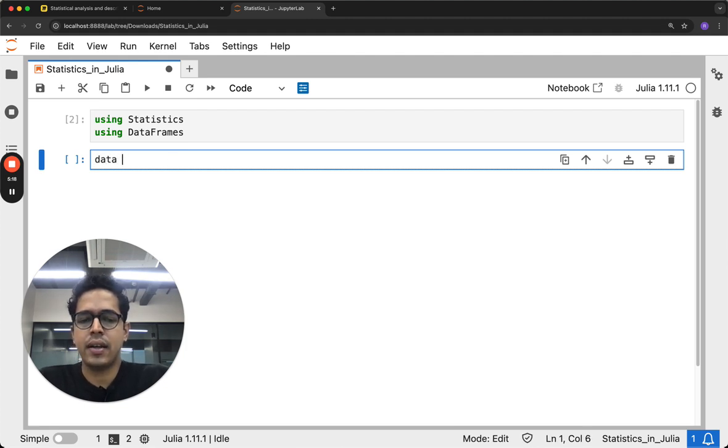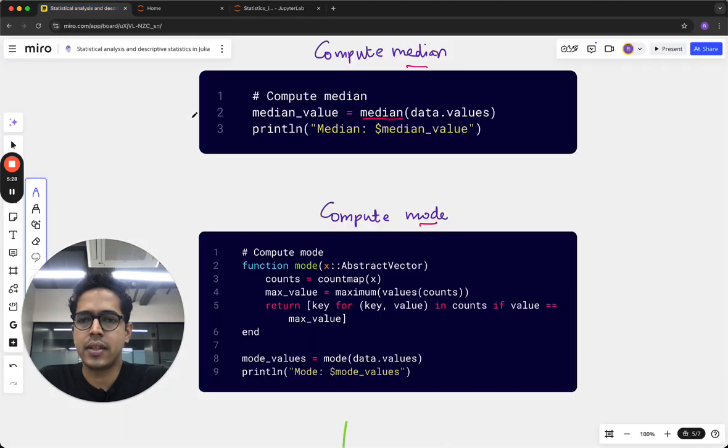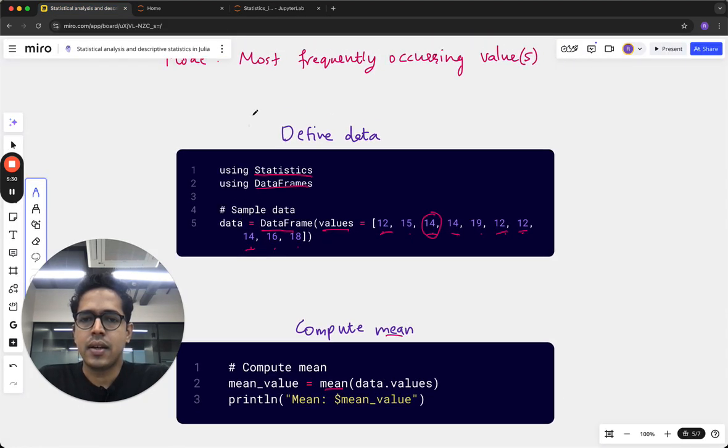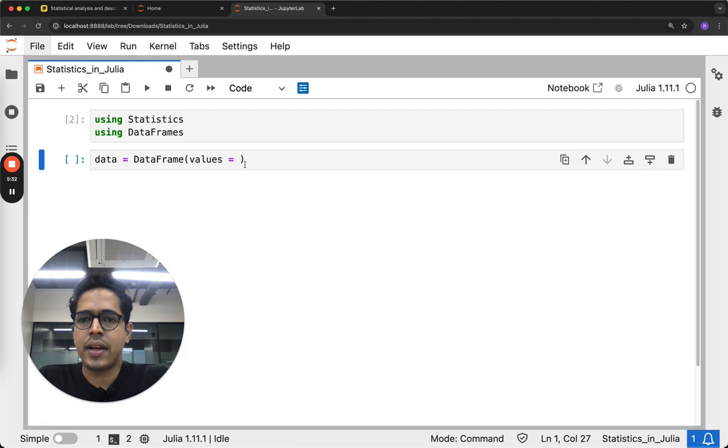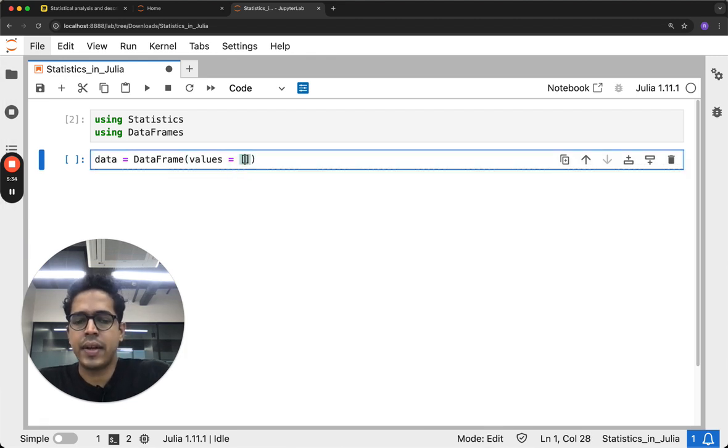So data equal to DataFrame of values equal to, I guess I need to check the syntax here. Yeah, it's correct, values, and we can define some numbers, let's say 3, 22, 12. I'm going to write some random numbers here.